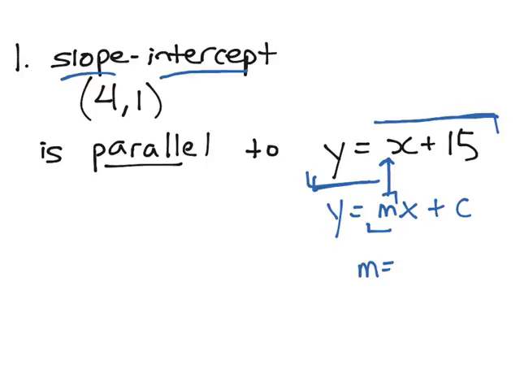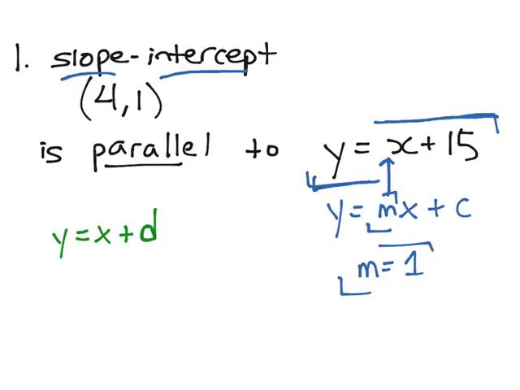So our slope must be 1. So right now our equation looks like y is equal to x plus c. Not the same c value as that, we don't want to confuse them, so let's make that d. y is equal to x plus d, where d is the constant, the y-intercept.